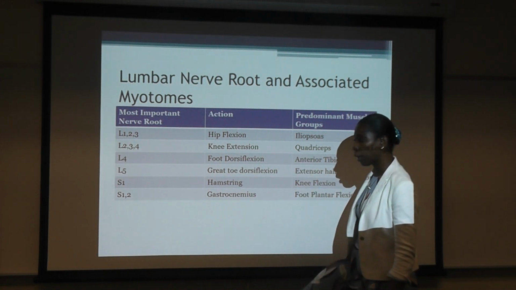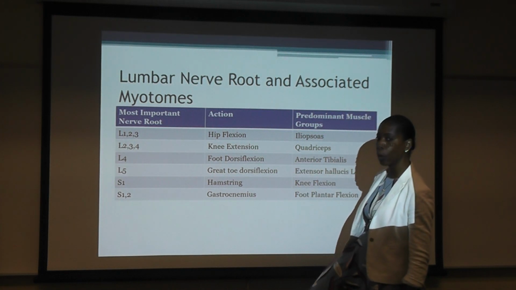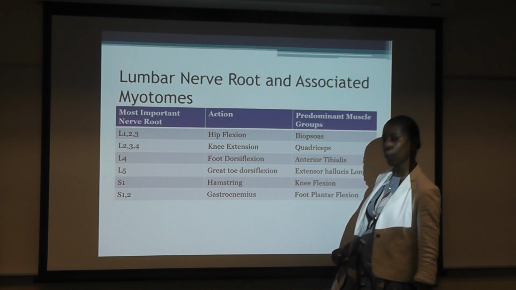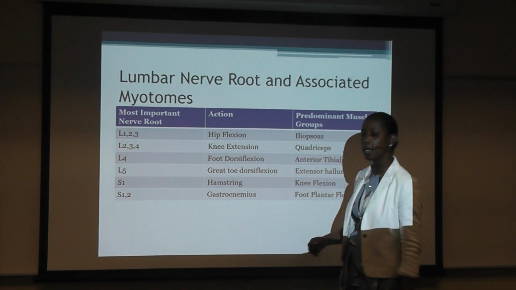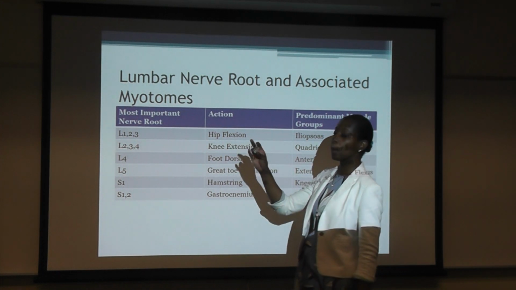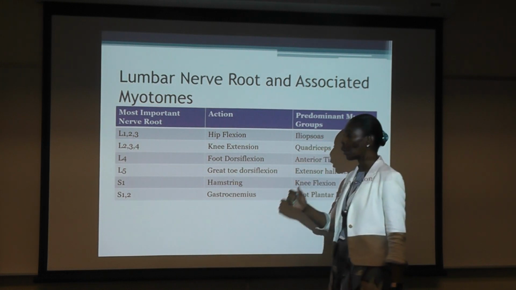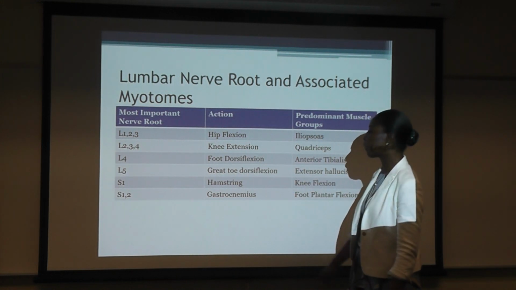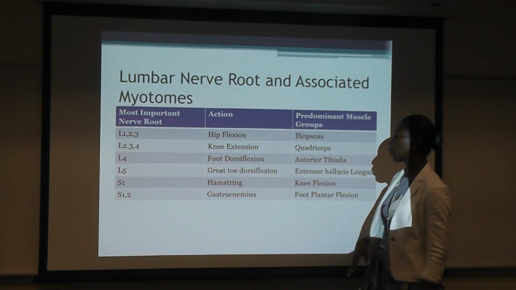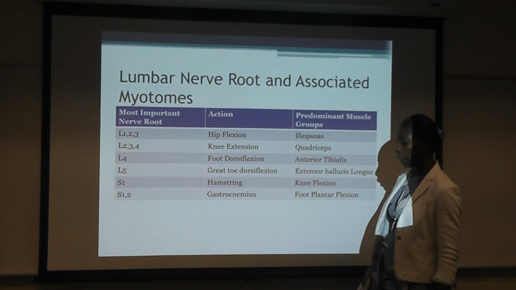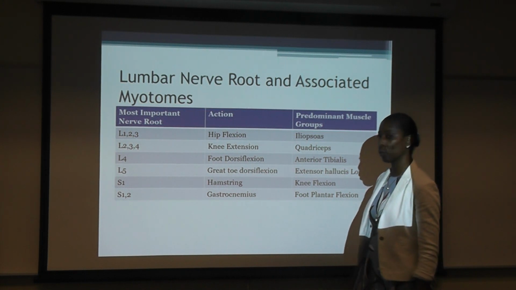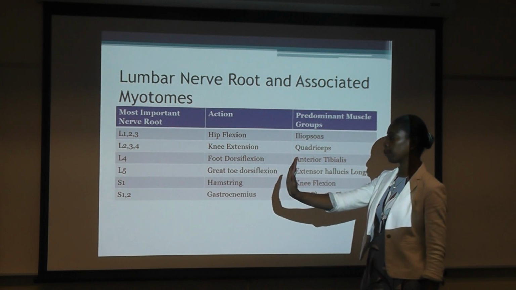If I hold the leg up and ask them to kick out, and I hold resistance, if they can push me with a lot of resistance, then I know that the quadricep muscle is intact, okay? And that's L2, L3, and L4. L4, foot dorsiflexion, and that's anterior tibialis, okay? If I pull my foot back, I should be able to pull it back with good strength. Dorsiflexion is flexing the foot back.